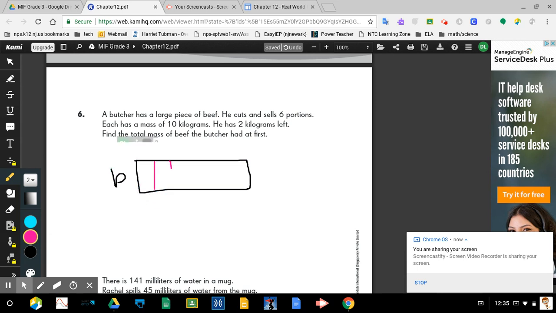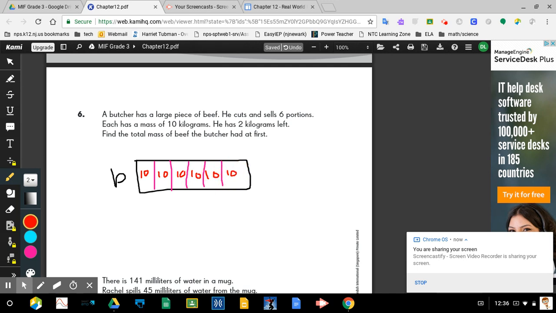Here's 1, 2, 3, 4, 5, 6. Each has a mass of 10 kilograms. So each one of them has 10 kilograms. Here's 10 over here. 10, 10, 10, 10, and 10.